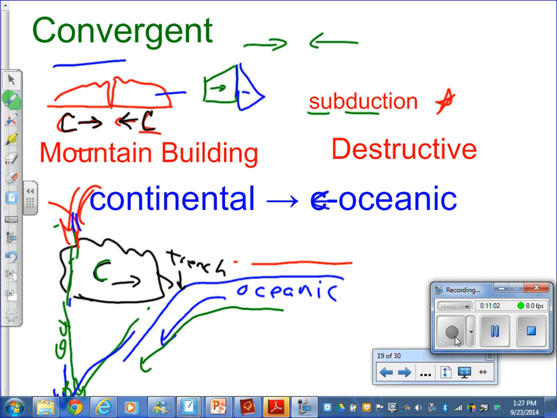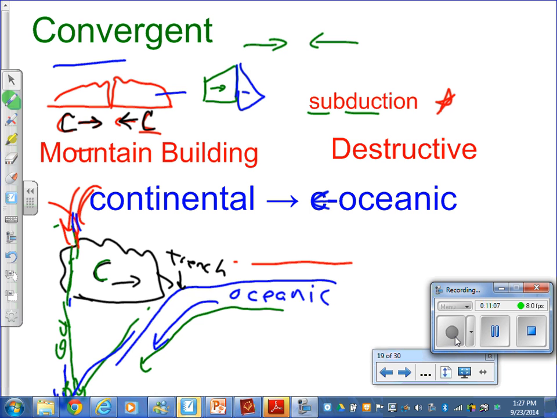So as they crash into each other, it gets pushed downwards, and this is where a trench forms. And as we will find out, this is going to create some of the most destructive earthquakes and the most violent volcanoes in this type of plate boundary. So that's subduction. And that, I believe, is all of question 4.